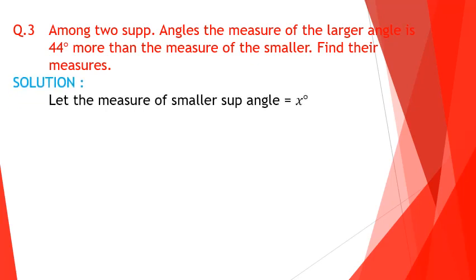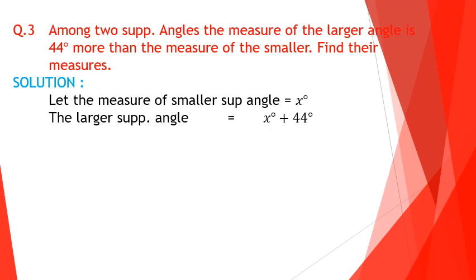Let the measure of the smaller supplementary angle be x degrees. As we know that the sum of supplementary angles is 180 degrees, out of which one angle is given as x degrees, and the larger angle is 44 degrees more than the measure of the smaller angle. Hence the larger supplementary angle will be x plus 44 degrees.